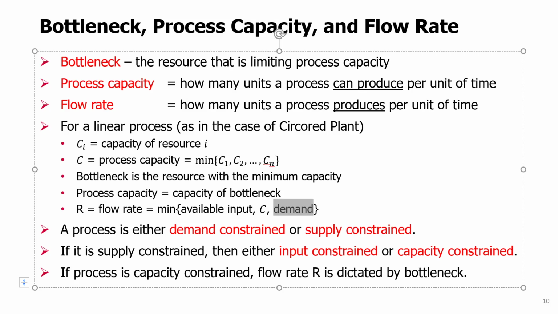If one of the other two elements is the minimum, then the process is supply constrained. And of course, if C is the minimum, then we call the process capacity constrained. And if the input is the minimum, the process is called input constrained. So when the process is capacity constrained, of course, the flow rate R will be equal to the bottleneck's capacity.